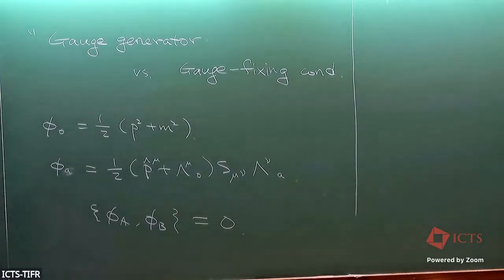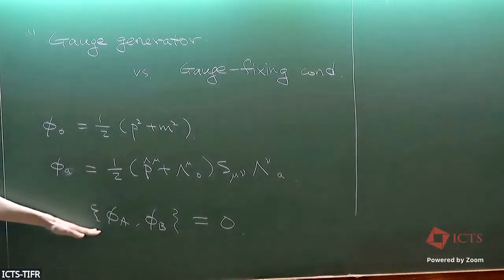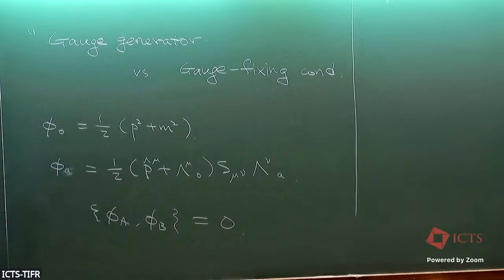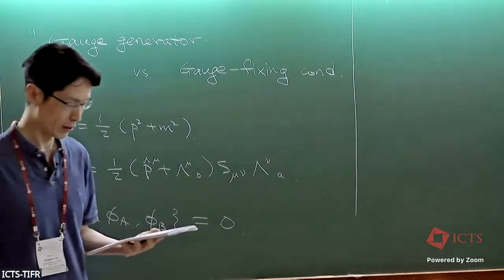So even though we know that the boost generators in the literal sense don't form a closed algebra, this particular combination does form an algebra, an abelian algebra. And this observation makes the following steps fairly simple.